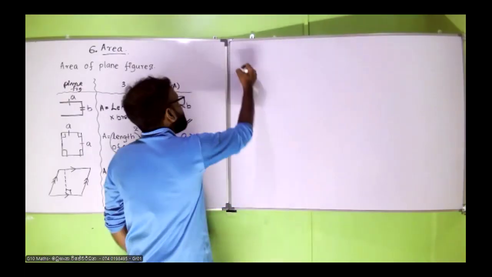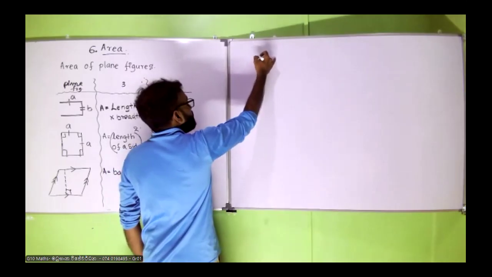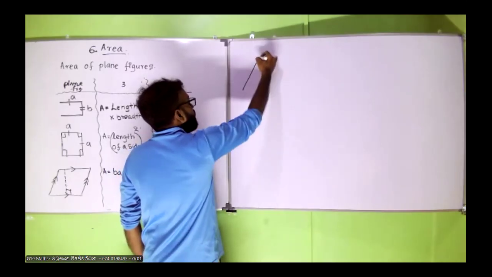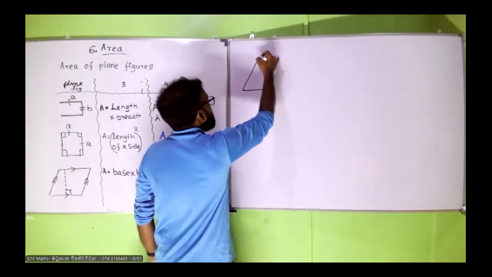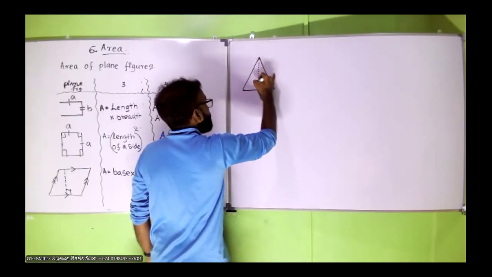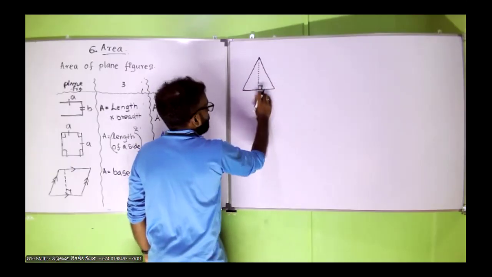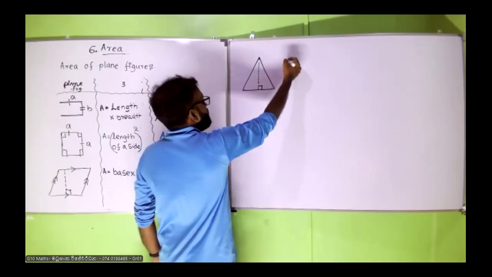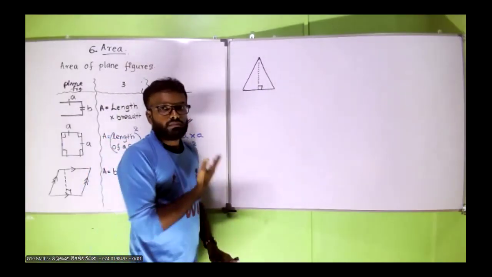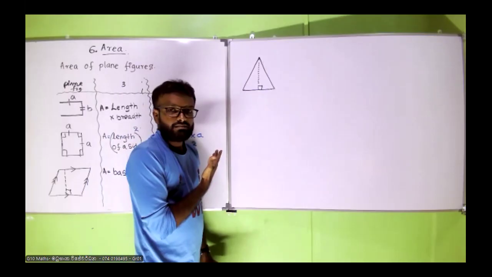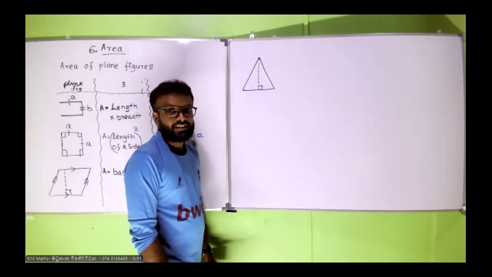One of your friends, the triangle. So you know this one. From grade 6 and grade 7, you know how to find the area of a triangle.